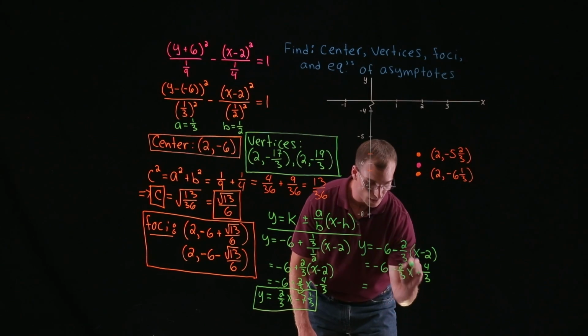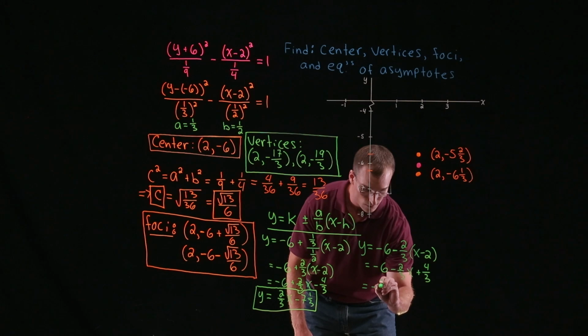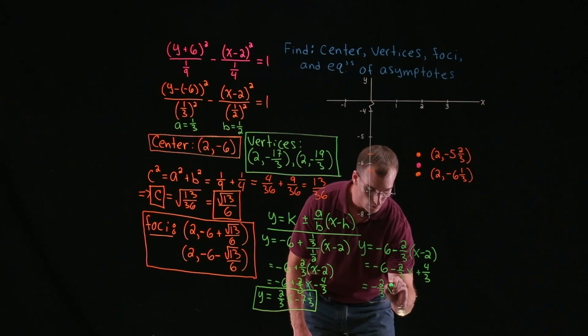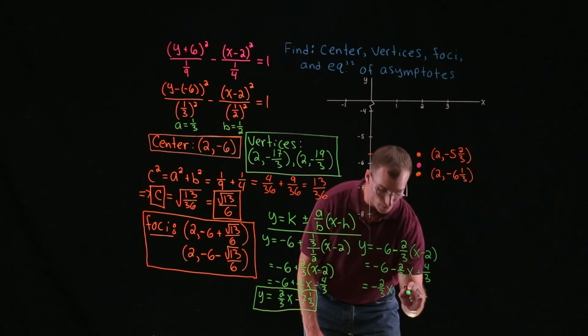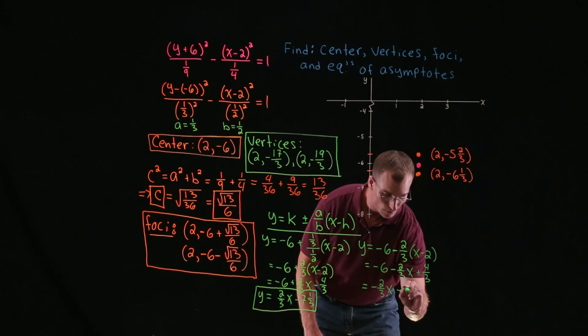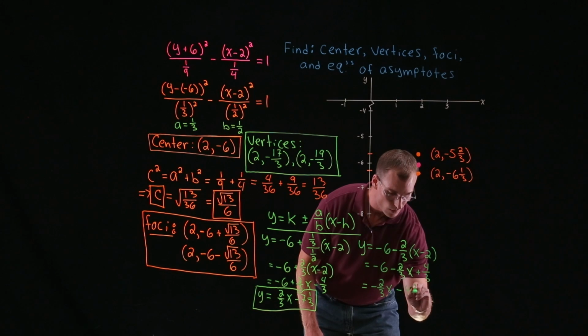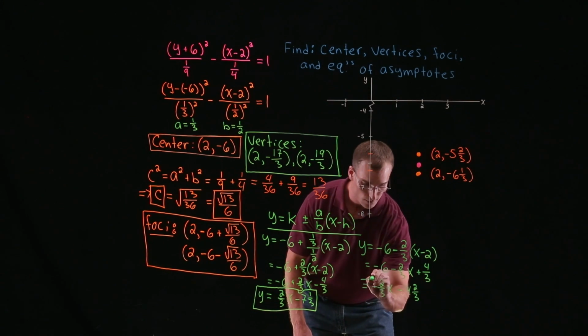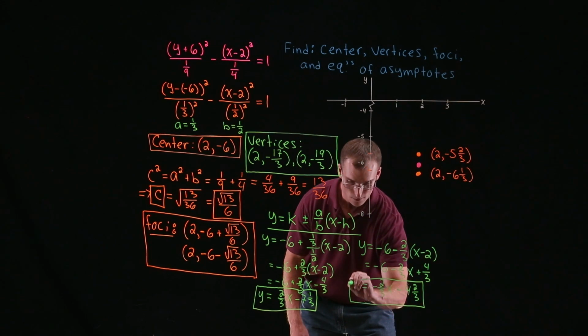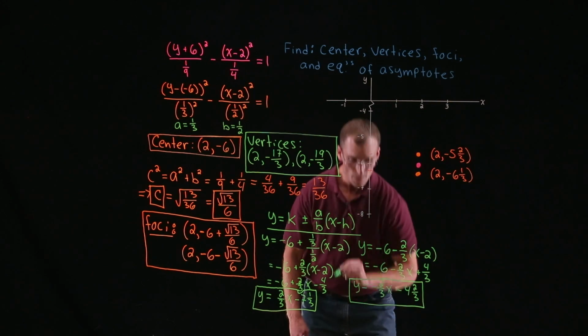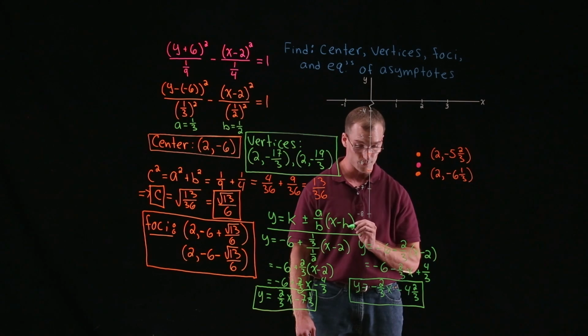And this is equal to -2/3 x, and then -6 plus 4/3, or positive 1 1/3, would give us a minus, say, 4 2/3. So that's the second equation of our asymptotes.